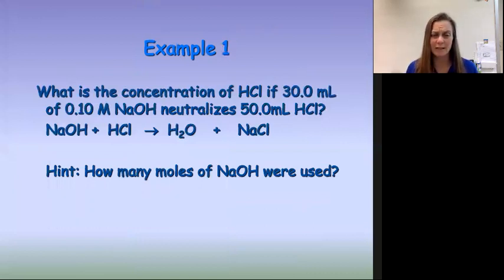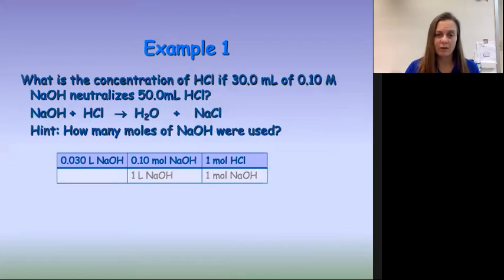So here's our first example. We're asked to find the concentration of hydrochloric acid if 30 milliliters of 0.10 molar sodium hydroxide neutralizes 50 milliliters of hydrochloric acid. So first thing we've got to do is figure out how many moles of sodium hydroxide were used. So we're going to do our stoichiometry problem. We're going to set it up starting with our quantity of sodium hydroxide, which is 30 milliliters or 0.030 liters.